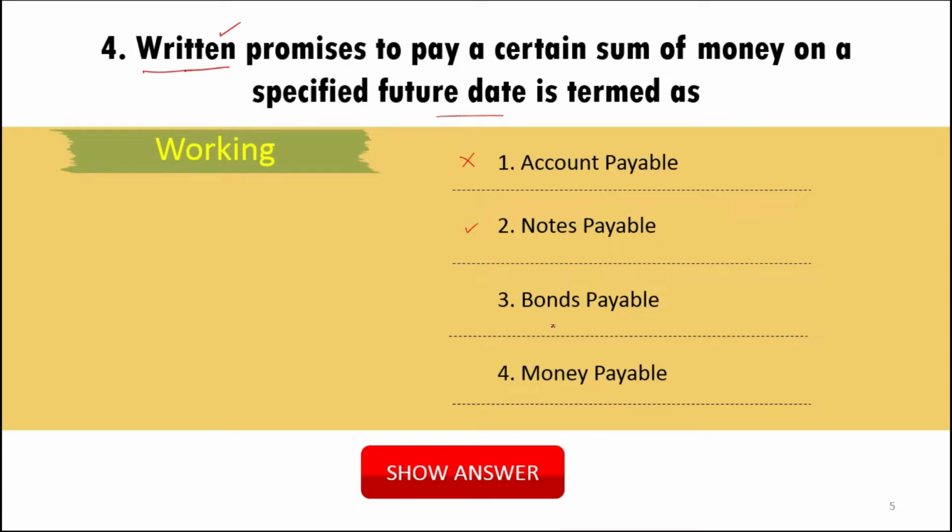Bonds payable, we don't consider it as a written promise because it is not a promissory note. Money payable is not any term, it has been included just to increase the options. So the correct option is note payable.